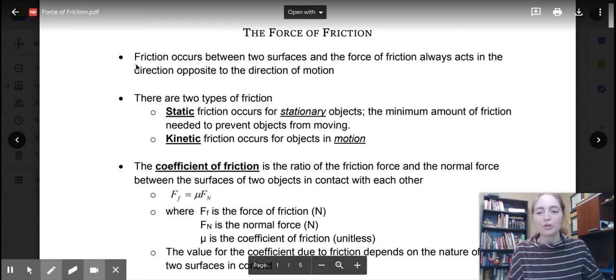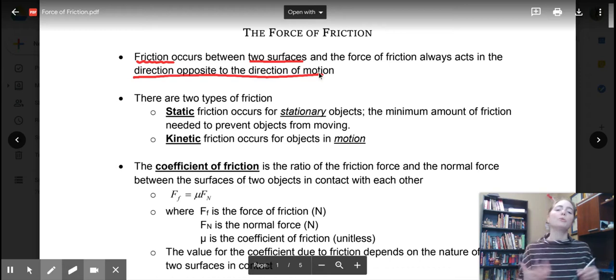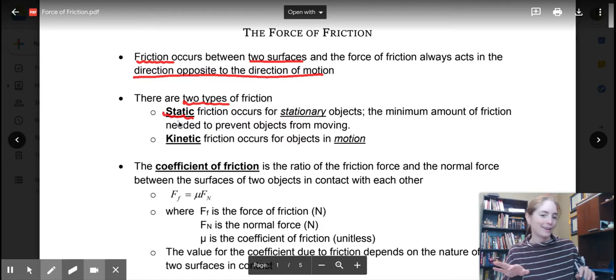Keep in mind, ladies and gentlemen, that friction is when you have two surfaces rubbing against each other, and it is the force that opposes motion, so we're preventing motion from occurring. There are two kinds of friction. Static friction: think about the word static.